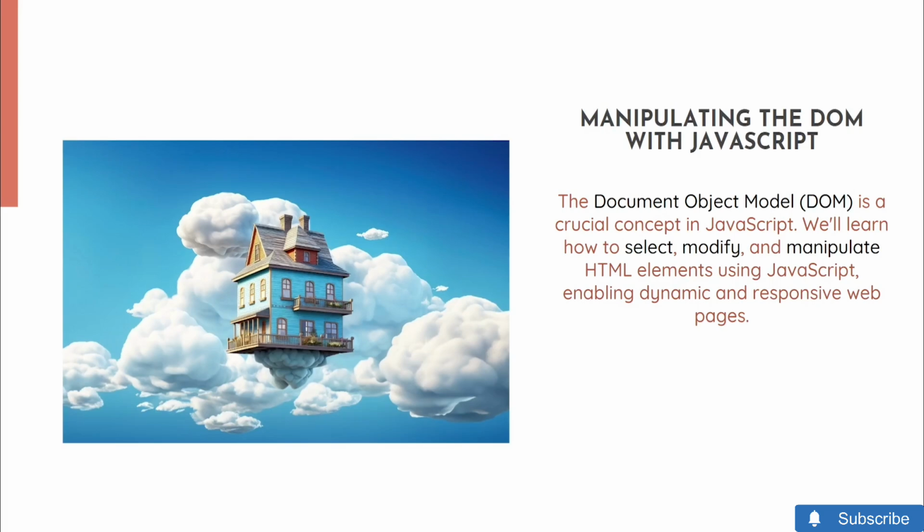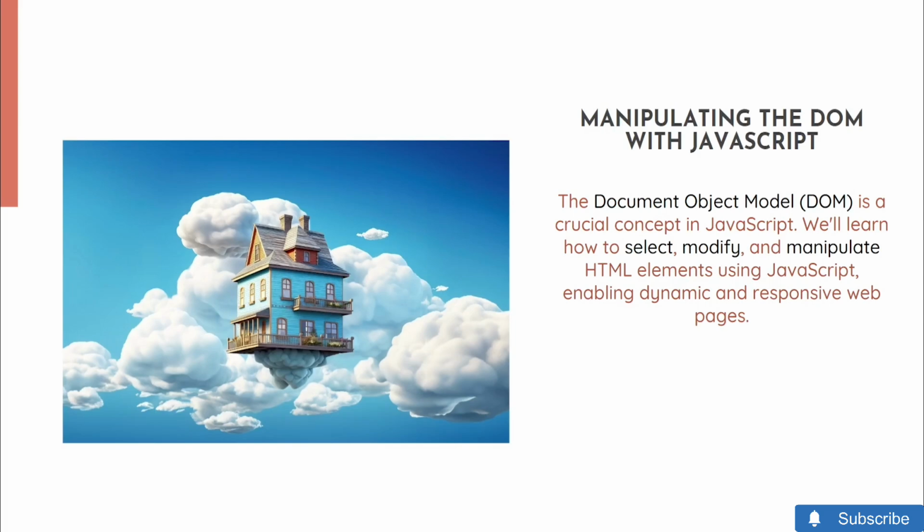As I've already told you, the full form of the DOM is Document Object Model, which is a crucial concept in JavaScript. Here, basically, you have a particular data type which you try to manipulate.